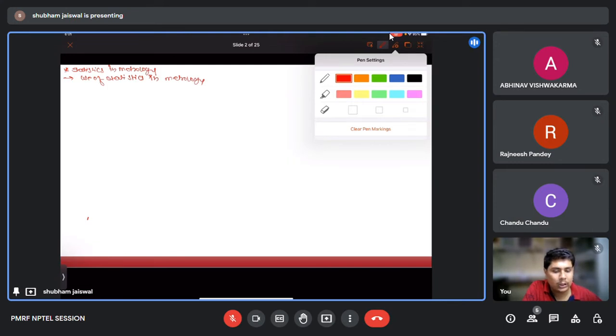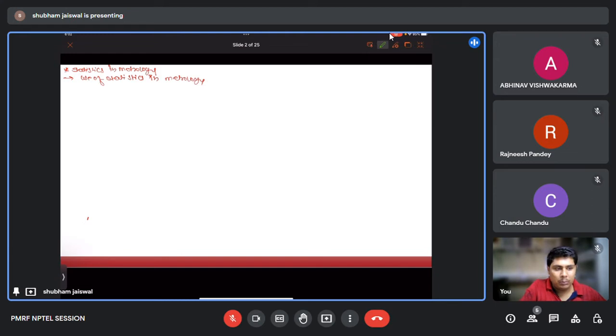So in that we have seen some important steps in the statistics, like collection of data. Okay. First we collect the data, then we summarize and describe that data.